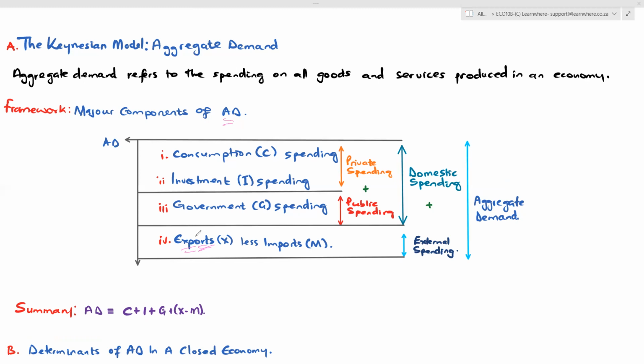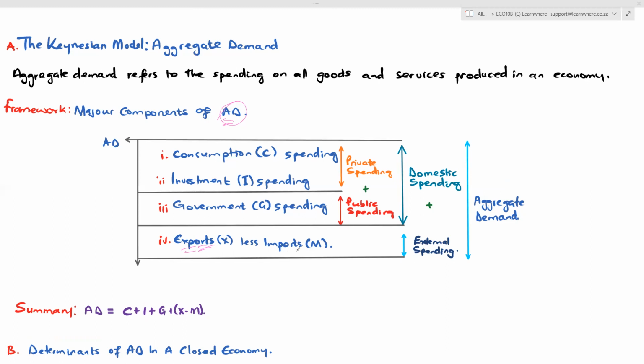We want to understand what determines production or income in South Africa. And if we are saying income or production depends on aggregate demand, it simply means that we just need to look at the demand for goods and services that were domestically produced.